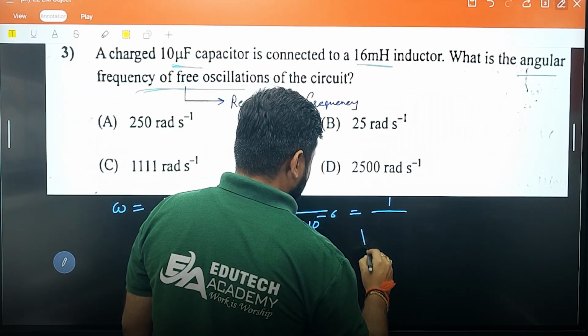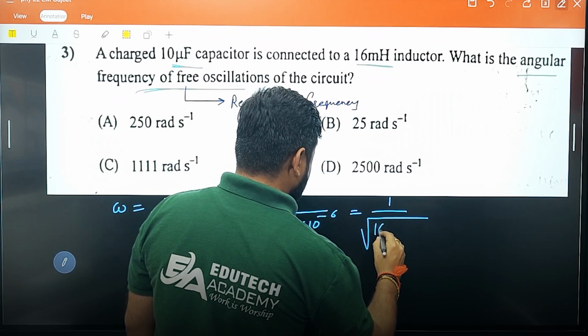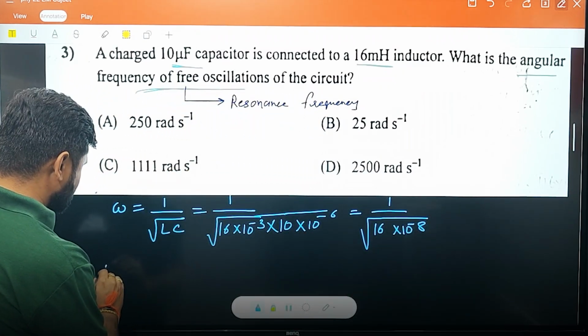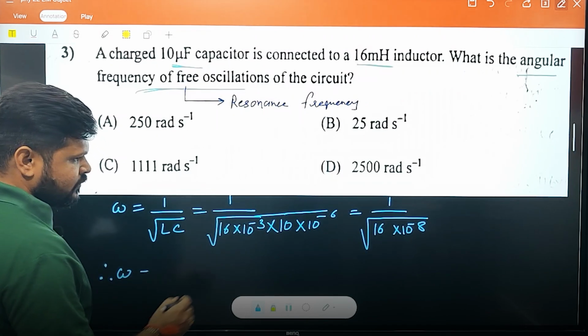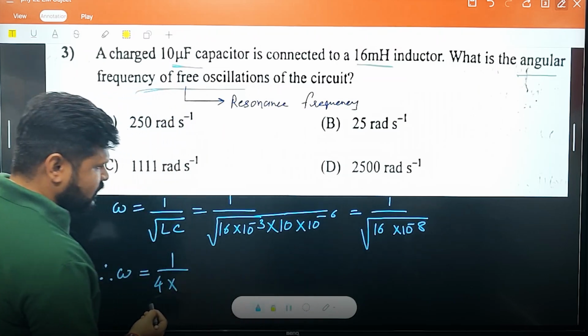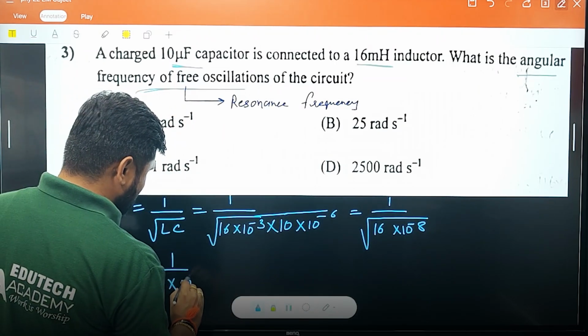So we can write 16 into 10 raised to minus 8. Now take its root, so 1 upon root 16, which is 4, and root of 10 raised to minus 8 is 10 raised to minus 4.